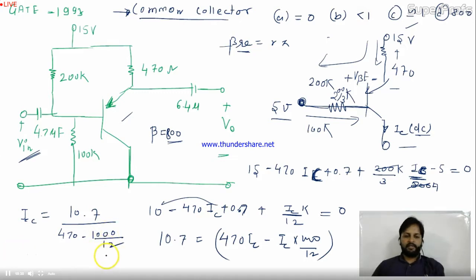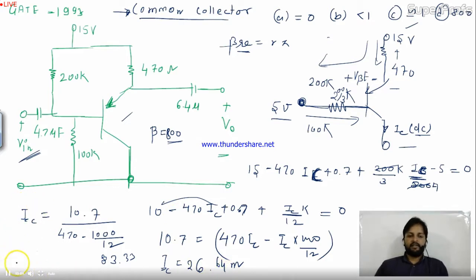So this will be nearly 83.33. So you will get IC. So it will be nearly IC equal to 26.64 milli. You have calculated IC. Is it okay?